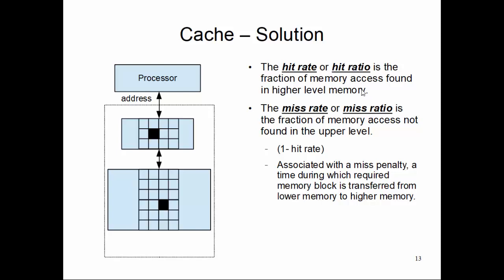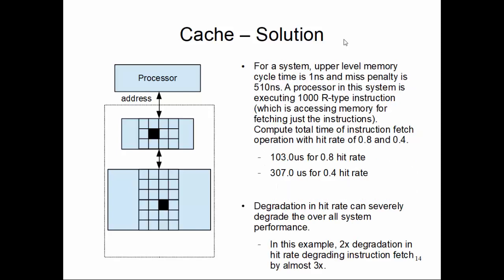The miss rate is the fraction of memory accesses not found in the upper level of memory. And as I said, every miss is associated with a miss penalty. It is the time during which the required memory block is transferred from the lower memory to the higher memory. Let's take an example.